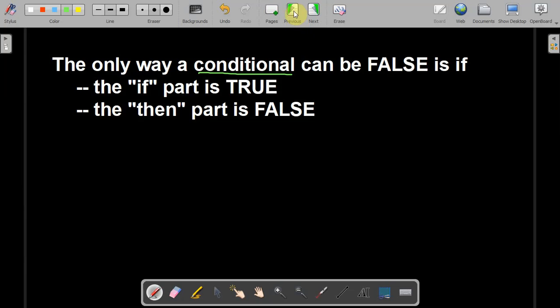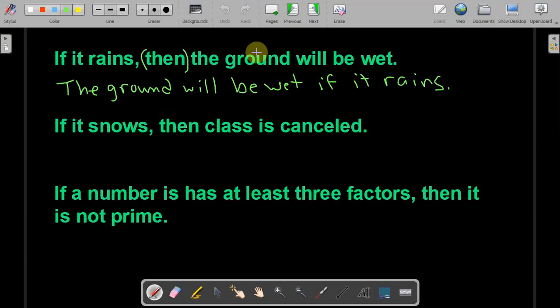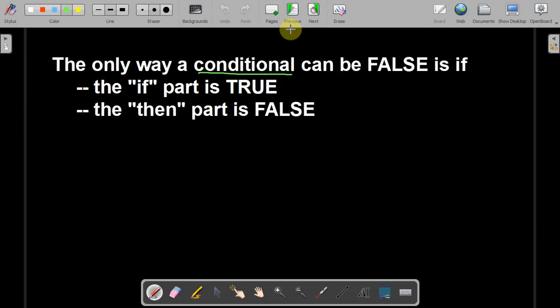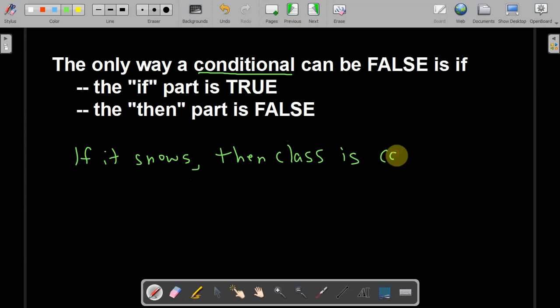So if we take, if it snows, then class is canceled, let me rewrite that here. If it snows, then class is canceled. Let's suppose that it did snow, so that the it snows part is true. But class is not canceled.